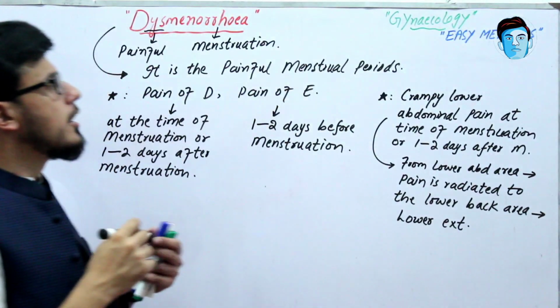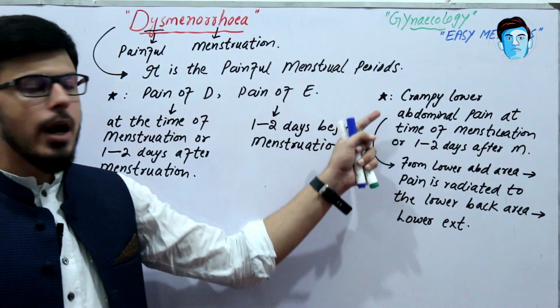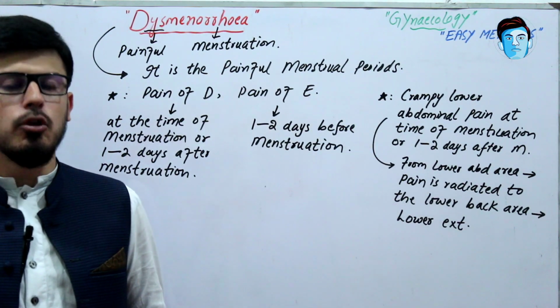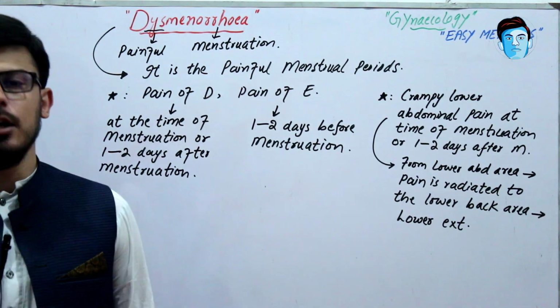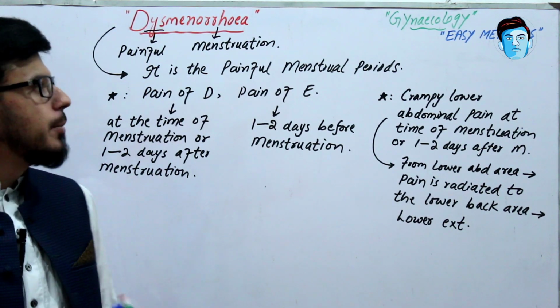So in dysmenorrhea there is crampy lower abdominal pain, and from the lower abdominal area the pain is radiated to the lower back area, and ultimately it involves the lower extremities.